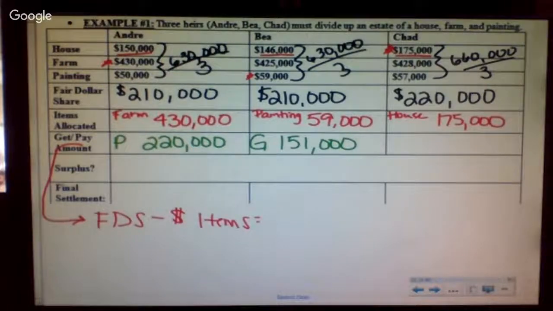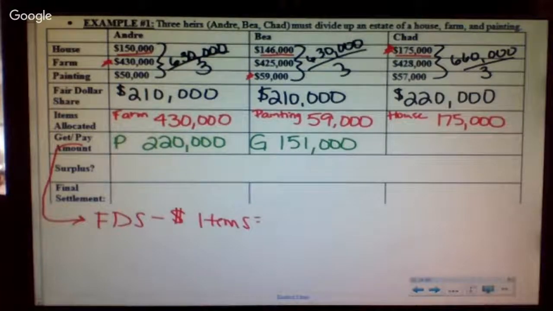But remember, each one values things differently, which is why Chad's is different. His fair dollar share is a little bit more than everybody else's. It's like I like chocolate 3 times more, so I would pay more money for the chocolate than for anything else. Does that answer your question?